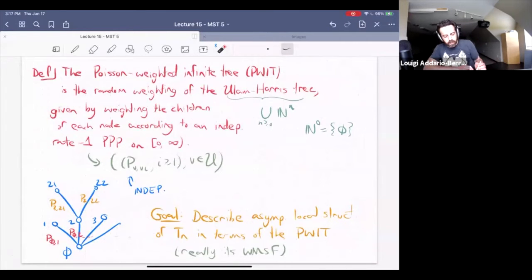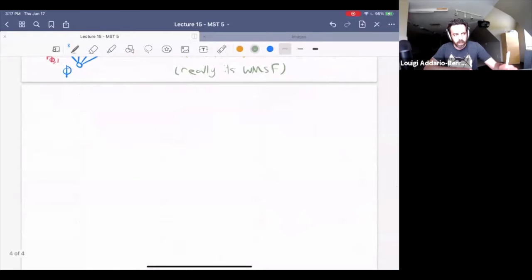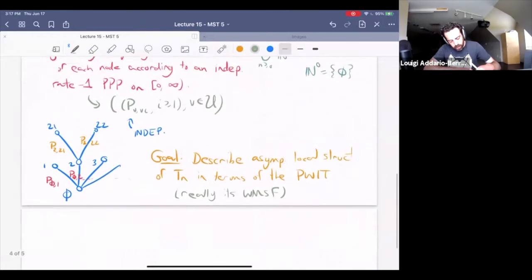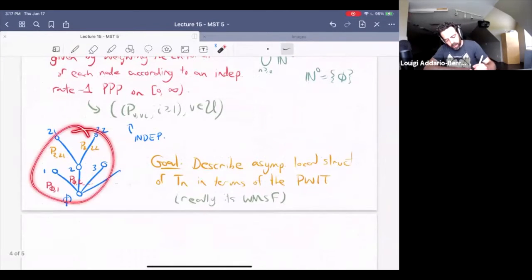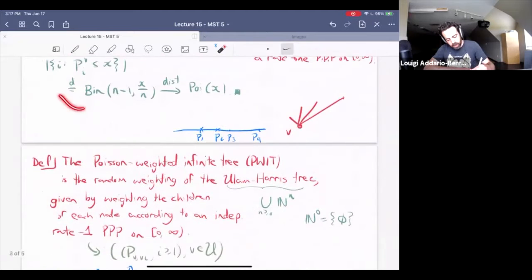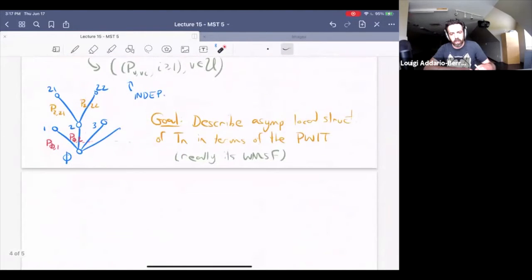And so, I'd like to justify that in a bit more detail, that the two local structures are similar, but also to explain the framework of local weak convergence in more detail, because it's quite an important and powerful framework, and it turns out to be particularly valuable specifically when studying minimum spanning trees, though not exclusively. So before I further connect the PWIT with the complete graph, let me talk about local weak convergence.